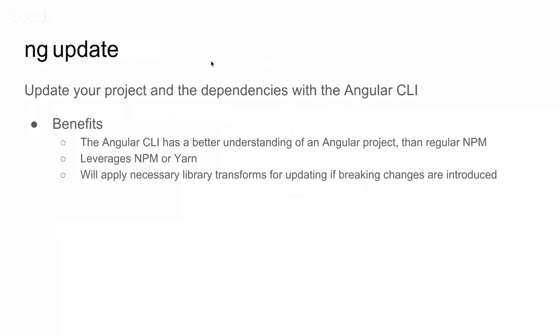Okay, so the next thing that I wanted to talk about is ng update. I thought ng update was super cool. What it does is update your application dependencies when it's time to update your packages. So if you need a new version of the Angular library or maybe RxJS, new versions come out and get published up to NPM, and then you use NPM to get your updates.